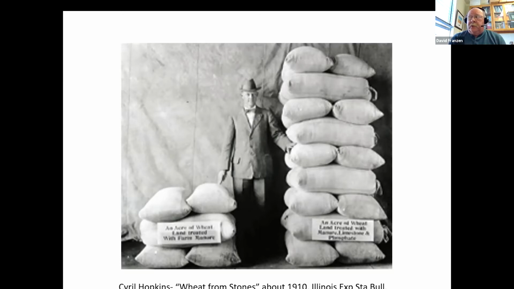And people didn't really understand pH back then. But then in the early 1900s, there was an effort to try to figure out what was going on. And luckily for Illinois, most of the state, the soil overlies huge limestone deposits that go from Chicago a couple hundred miles south. And so this circular came out, Extension Experiment Station, on wheat from stones. So here we are 110 years later, and we're talking about wheat from stones.